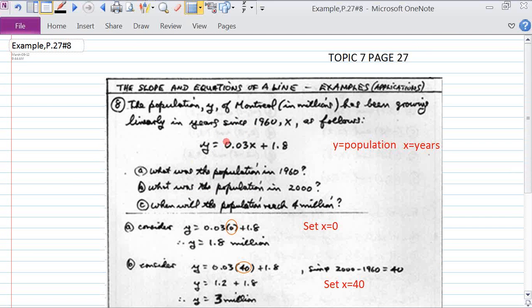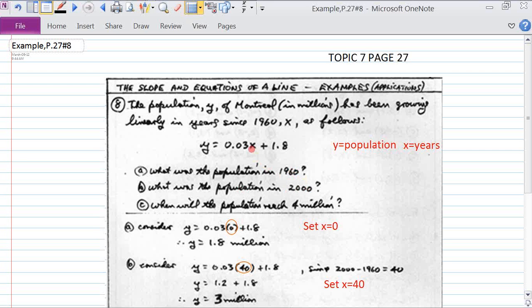This is a simple application. So again, let's go over this again. Y is our population, 0.03 times the number of years from the base year 1960. In the first two problems, one was in 1960, X was 0. And the second part was 2000.